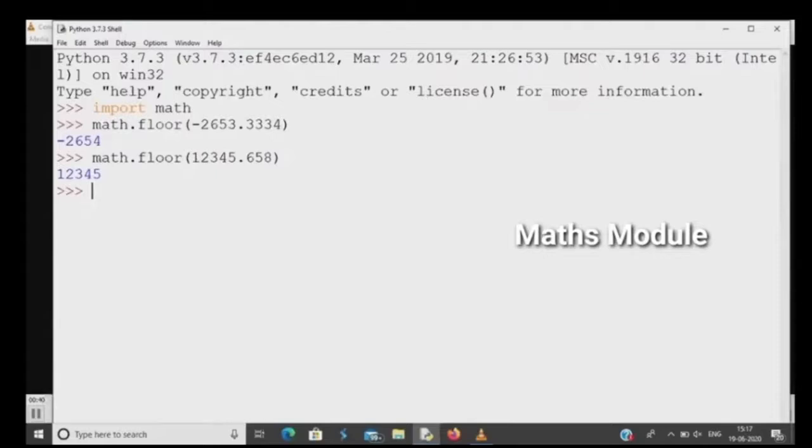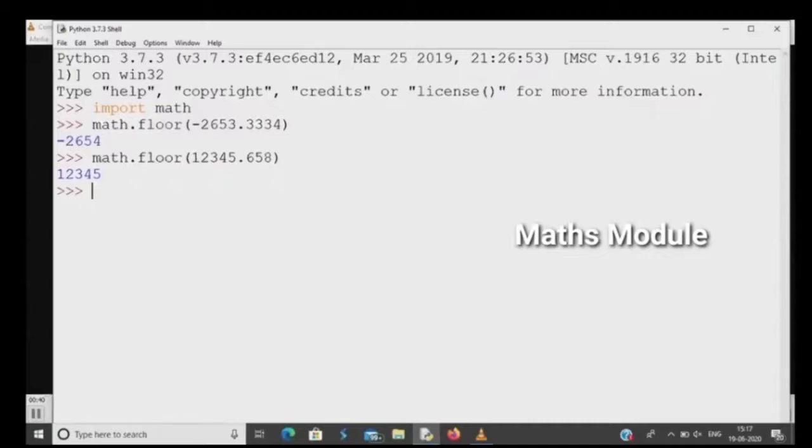Why? Can anyone answer? Those who were present in the previous class. What is floor doing here? It is used to round off the number, till the decimal.